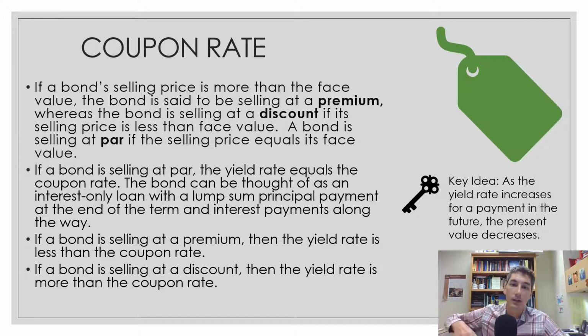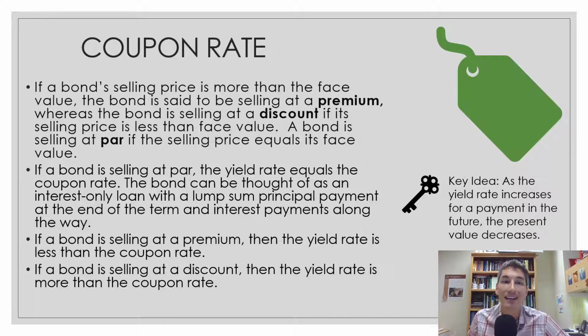Well, if you paid more than $10,000 now, you're going to get that $10,000 face value again at the end, but you're also going to get coupons along the way. And selling at a premium means you're going to get a lot of coupons along the way, okay? And so that means that selling price is higher than the face value of the bond. So that's selling at a premium.